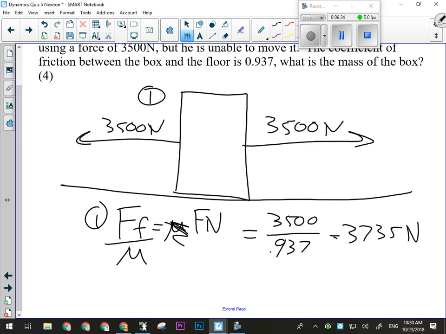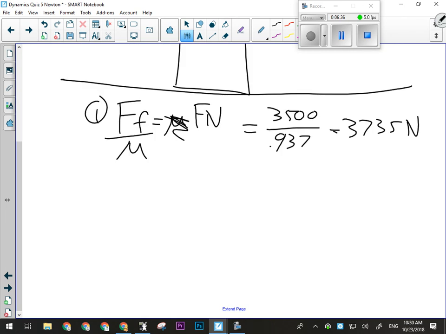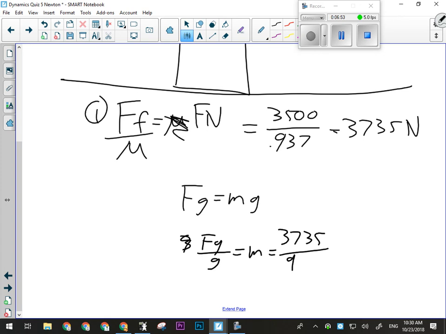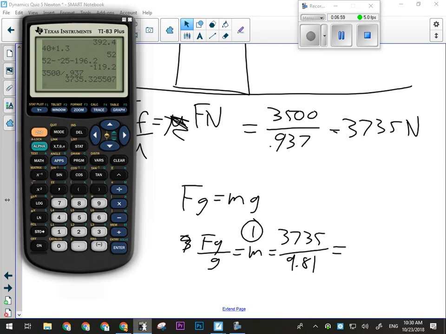Now I'm going to say that that is the force of gravity, and it equals m times g. So force of gravity divided by the acceleration due to gravity gives me mass. That's 3735 with the decimals, obviously, divided by 9.81. If they have something like that, give them a mark. That's their third mark.